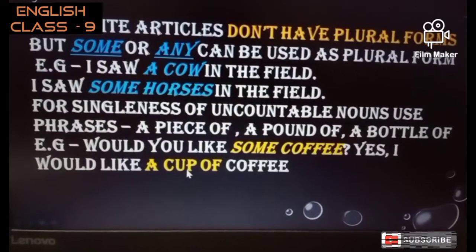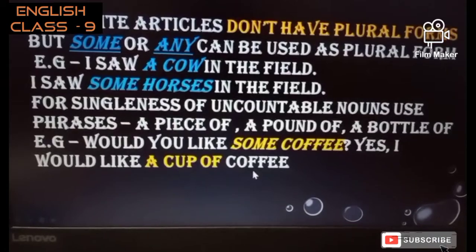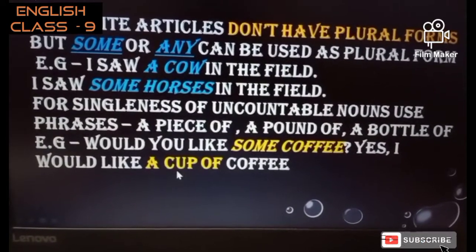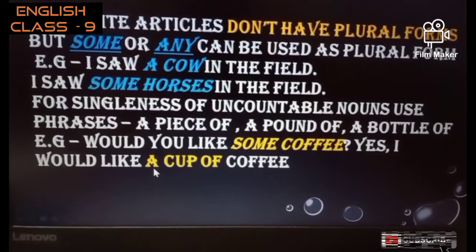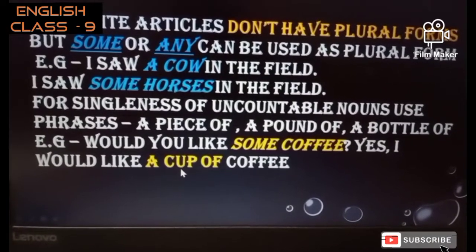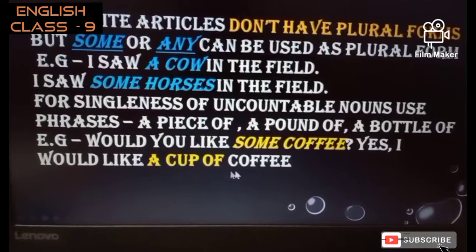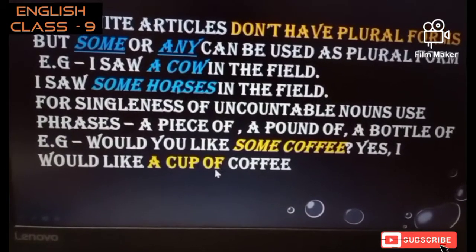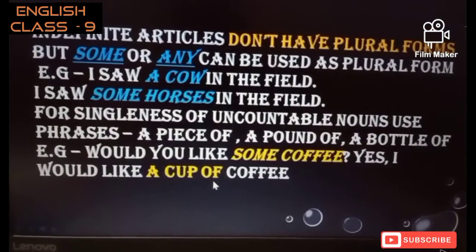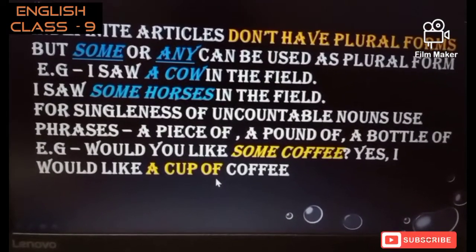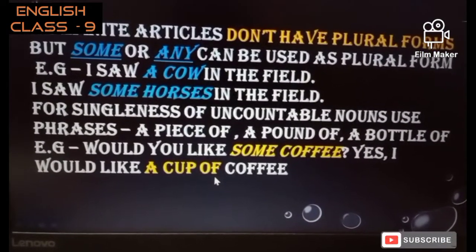Now here we are referring to the cup of coffee, not the coffee itself. So try to understand here. That's why we have to use an article, that is a or an. So here more focus is on the cup, not on the coffee. So it is a singleness of uncountable noun. And this is how we can use some indefinite articles and where we should not use indefinite articles.